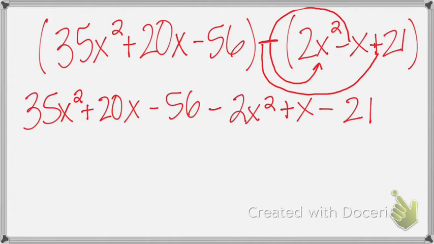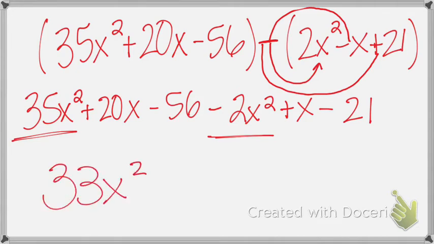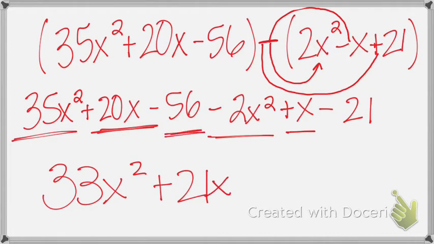Now, we combine like terms, whether it's adding or subtracting. Highest exponent is 35, so we got 35 minus 2, which is 33. And we got 20x and another x, which is 21x. And we got negative 56 minus 21, which is negative 77.